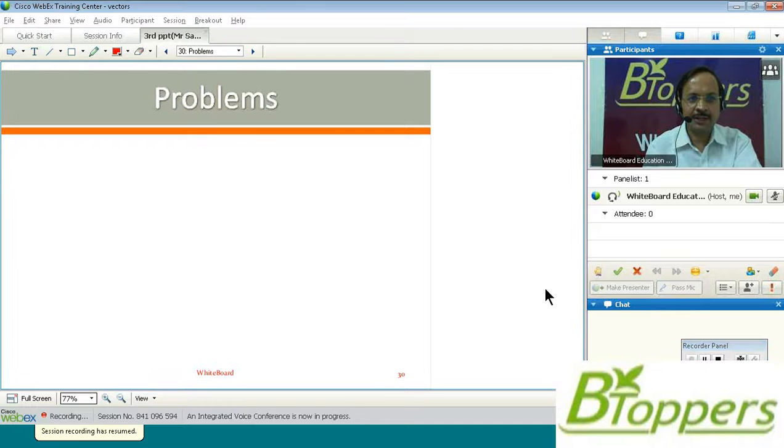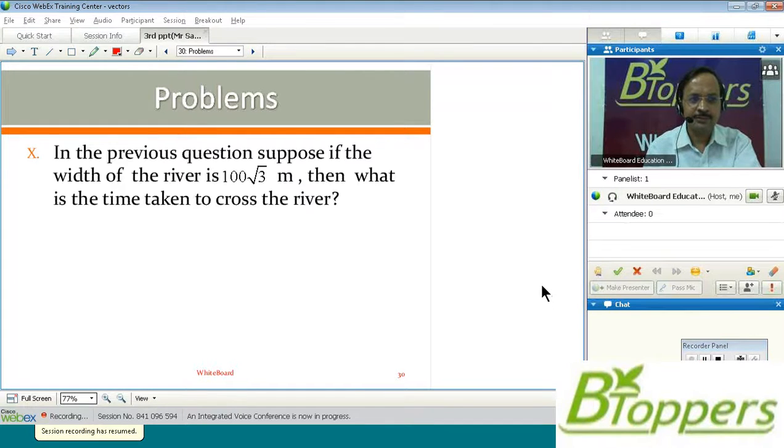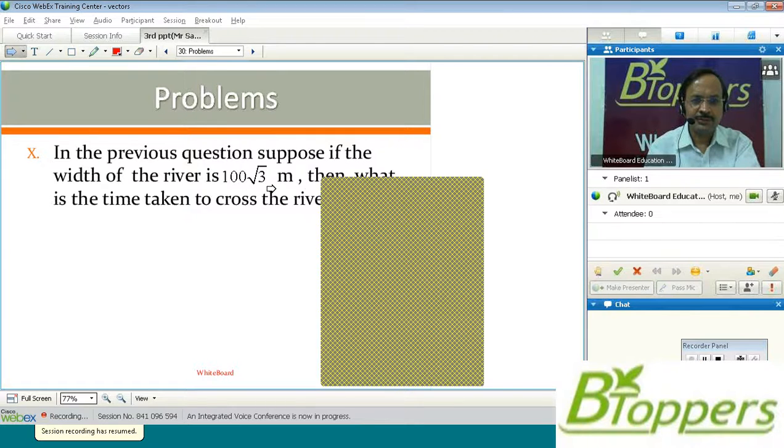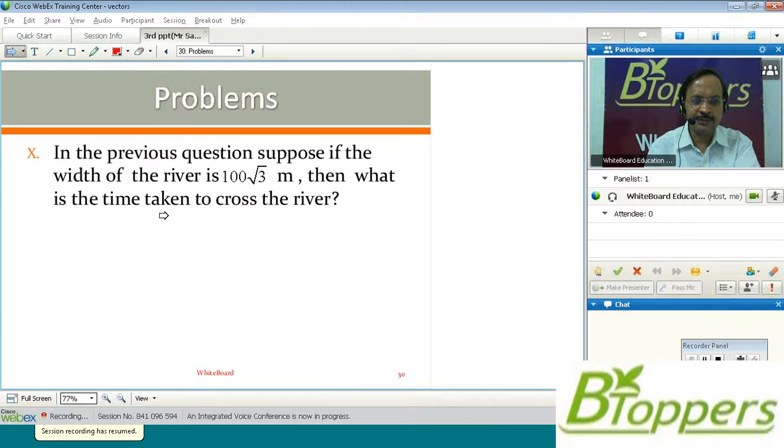So look at problem 10, that is also linked to the previous problem. In the previous question, suppose the width of the river is 100 into root 3 meter, then what is the time taken to cross the river?